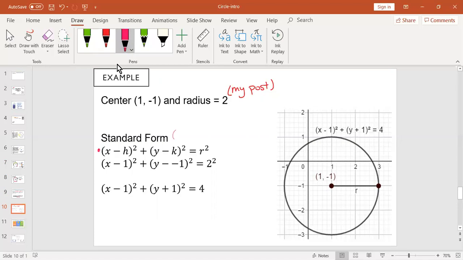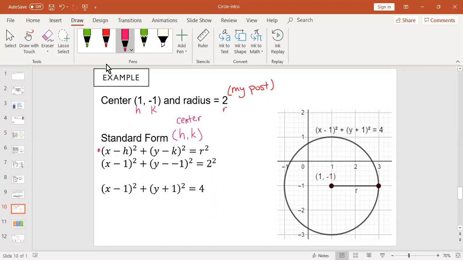So the standard form for a circle is right here. The center is (h, k), and of course the radius is r. So we have (x minus h) squared plus (y minus k) squared equals r squared. For mine, this is h and this is k, and of course r.